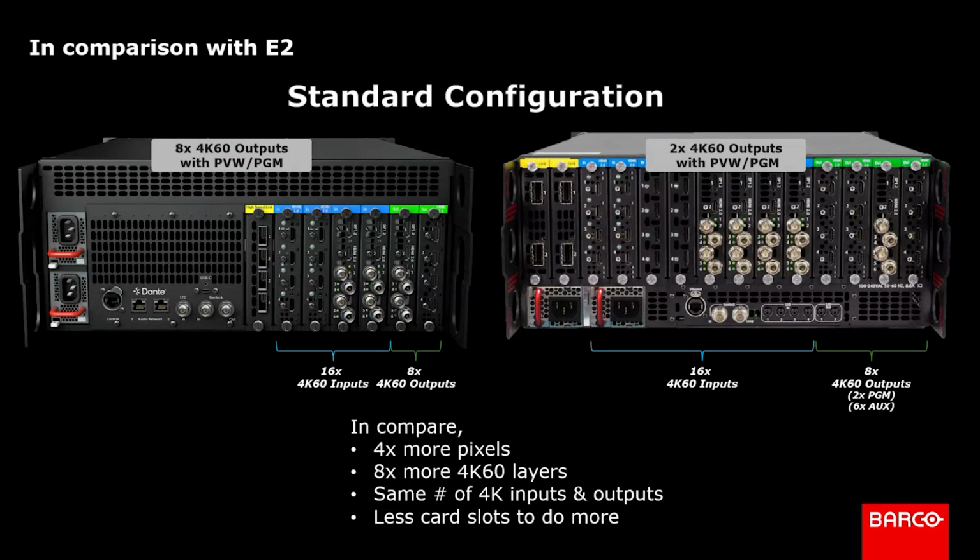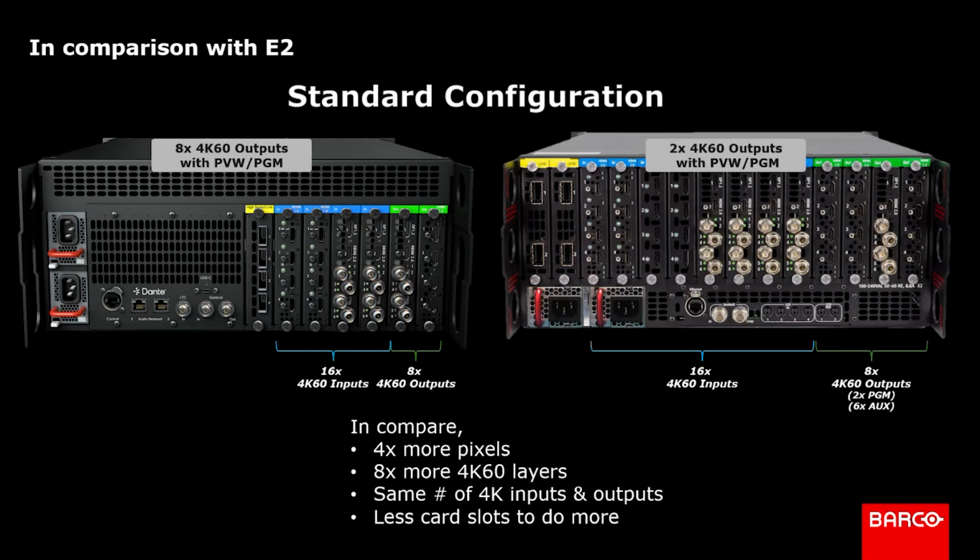So if we take a look at the back of an Encore3 versus an E2, there's actually 8 4K60 outputs with preview program, as opposed to an E2, which is only 2 4K60 outputs. If you really break down the numbers, there's 4 times more pixels in an Encore3, 8 times more 4K60 layers.